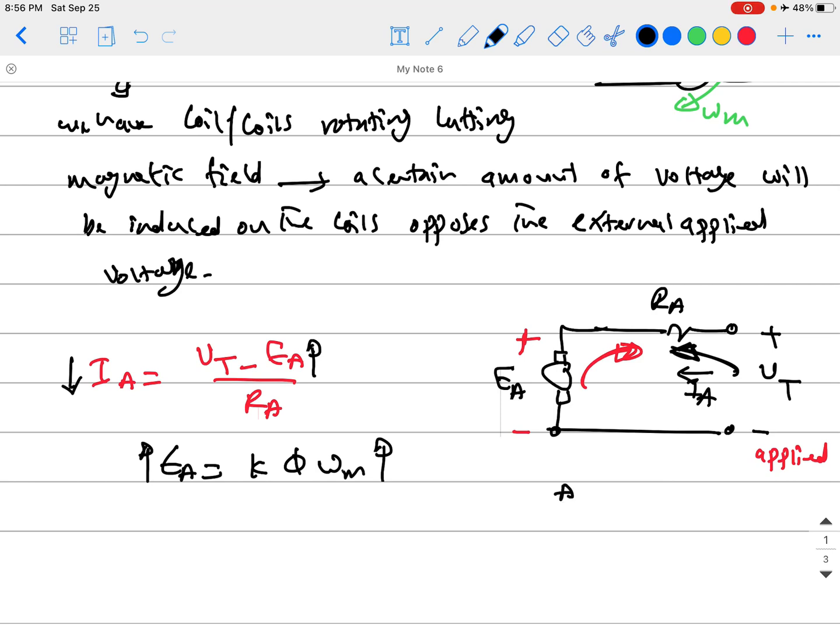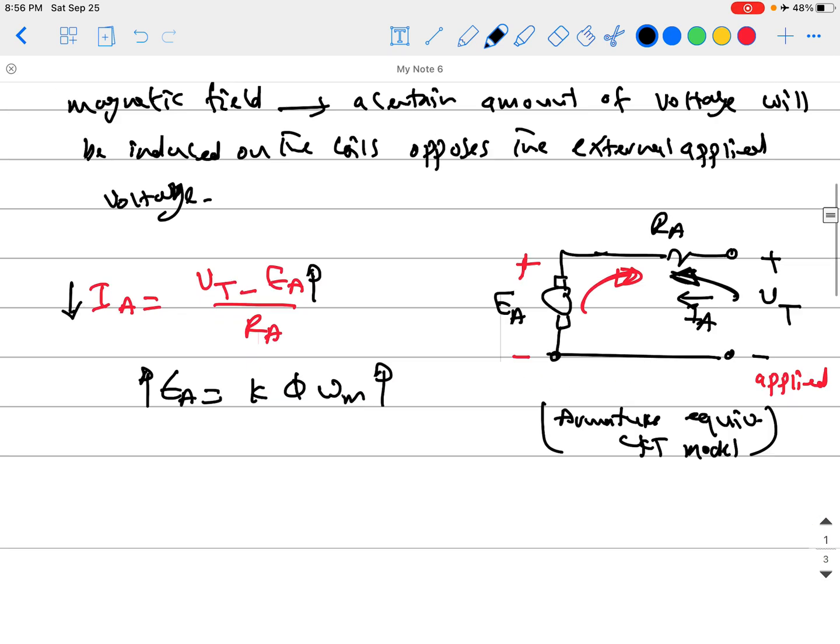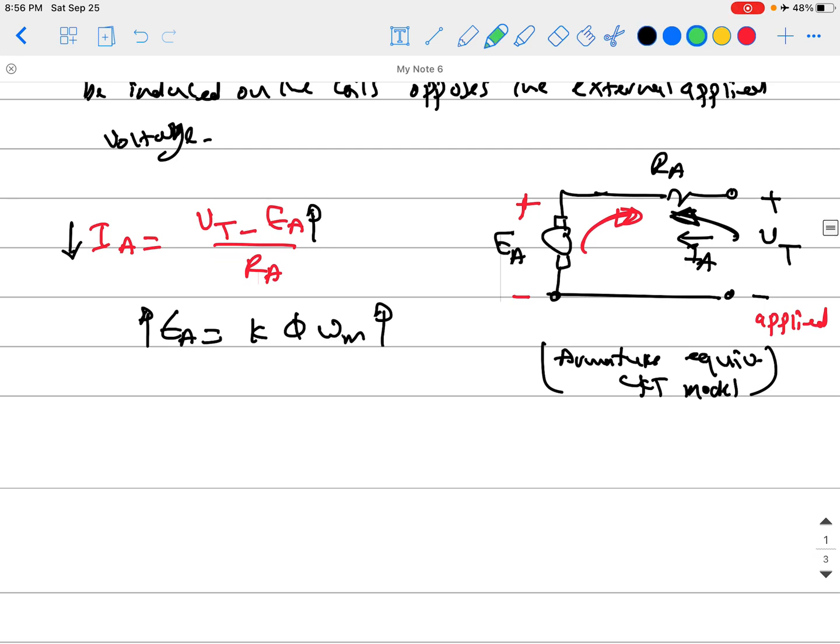Okay? That is the armature equivalent circuit model. That is how we model the armature of the machine, guys. We are talking about a motor here. We have V terminal higher than the induced EMF, like we said, because the armature current equals V terminal minus EA.